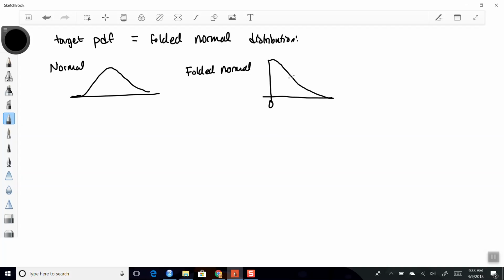And so this thing is basically the same as the normal distribution, except it's only for positive values of x, and thus it's going to be twice as tall as the regular normal, so that it still integrates to 1. Does that make sense?